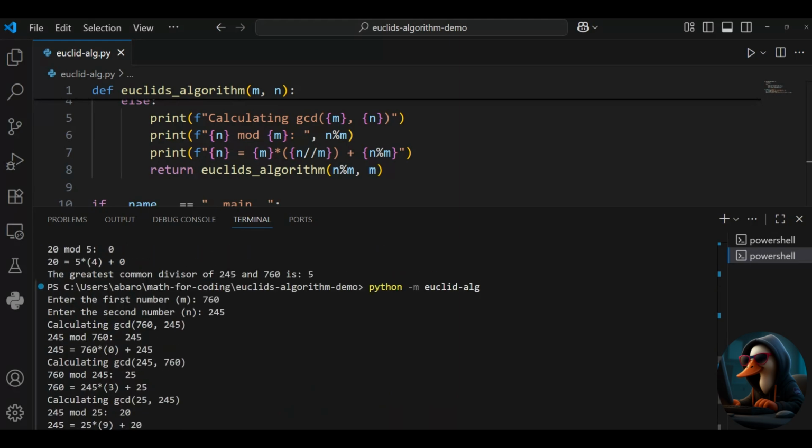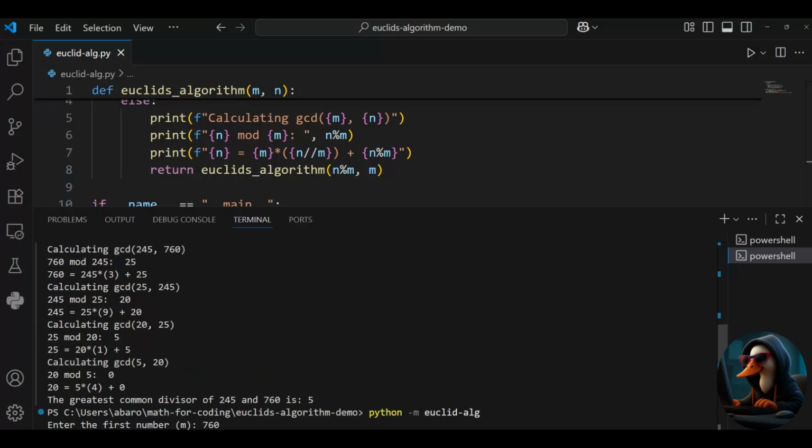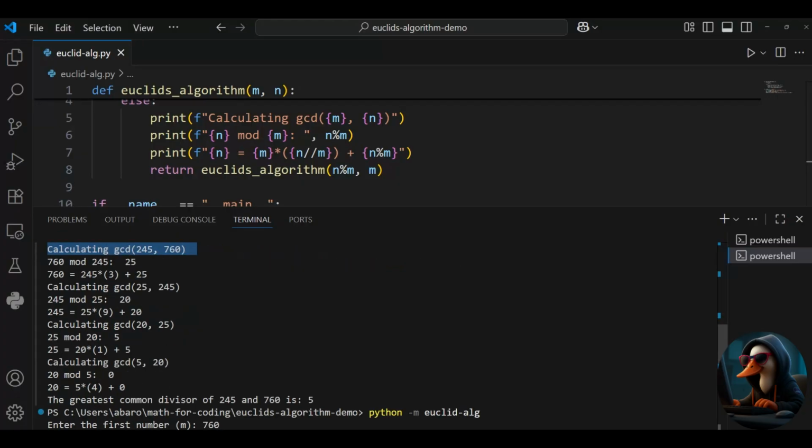Obviously, it was going to be 5, but it's the same thing because we can see that after the second step in our algorithm, it actually does what we were doing in the very first step had we put the first number in being less than the second number. All right, so that's an interesting fact.